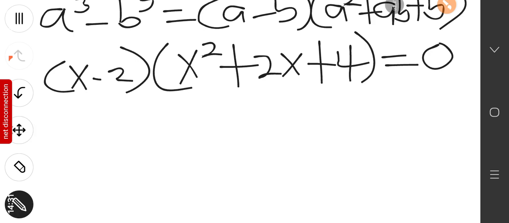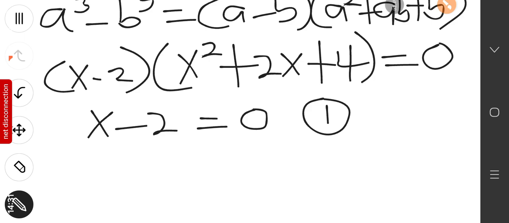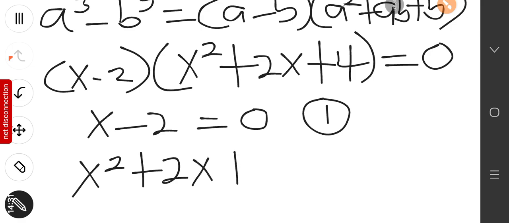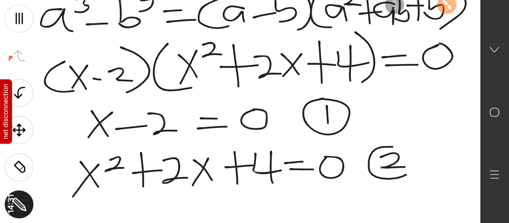Now, we have two equations here. You can say x minus 2 equals 0. Let's call this equation 1. And then we have x squared plus 2x plus 4 equals 0. Let's call this equation 2.